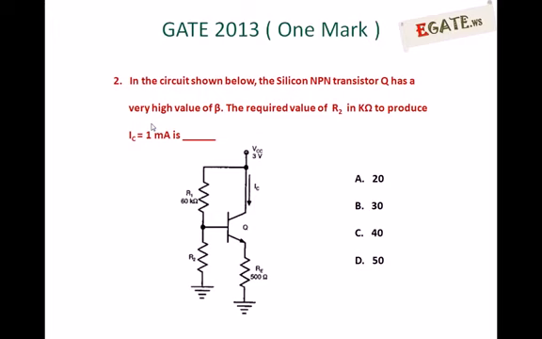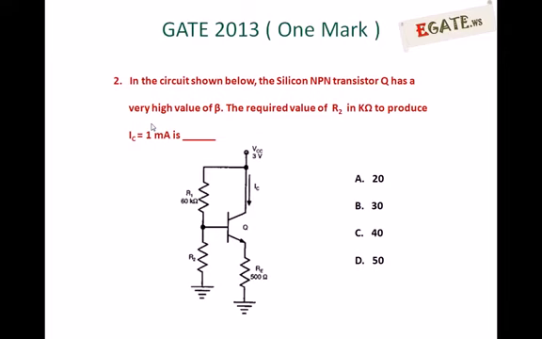I am reading the question again. For the circuit shown below, the silicon NPN transistor has a very high value of beta. The required value of R2 resistance in kilo ohms to produce IC equal to 1 milliampere is. We need to calculate the resistance value R2 so that the collector current is going to be 1 milliampere.